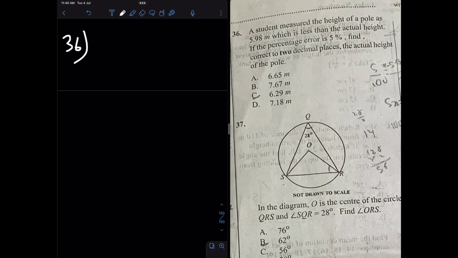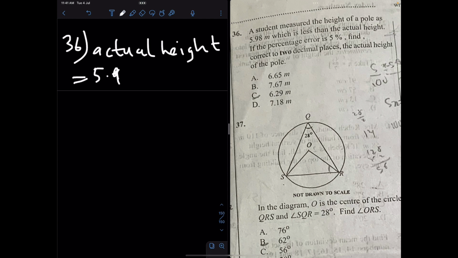Okay, if the student's measurement is 5.98 and it is less than the actual height, that means actual height plus error. That's the same as saying actual height minus error equals 5.98. Let the error be x.